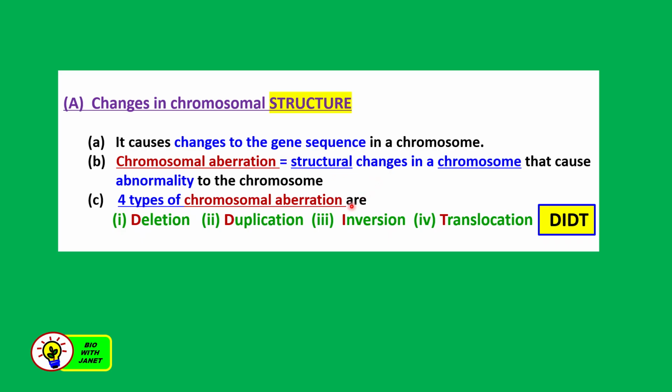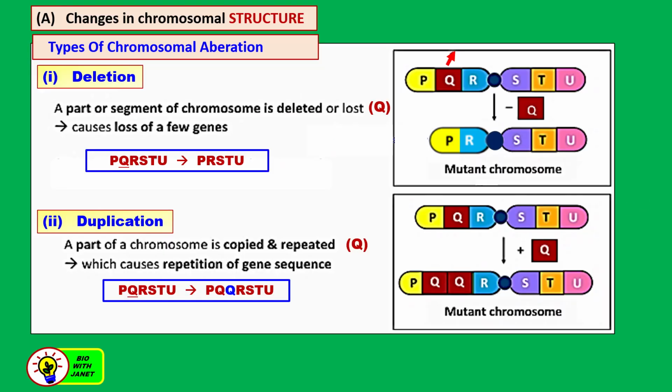The four types of chromosomal aberration are deletion, duplication, inversion, and translocation. DT. So there are four types of chromosomal aberration, which are the different types of chromosomal mutation that cause changes in chromosomal structure.